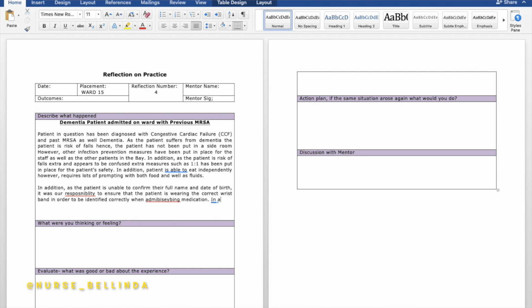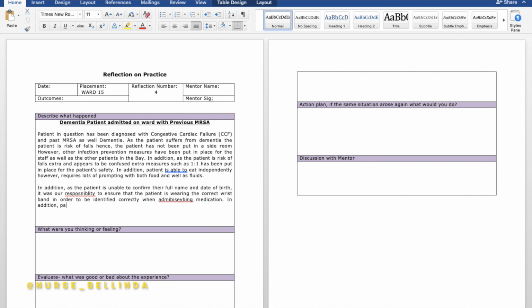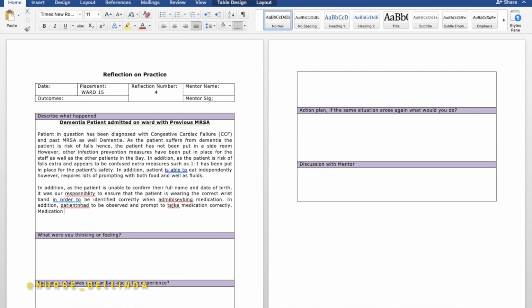In addition, patient had to be observed and prompted to take medication correctly. Medication explained to patient.